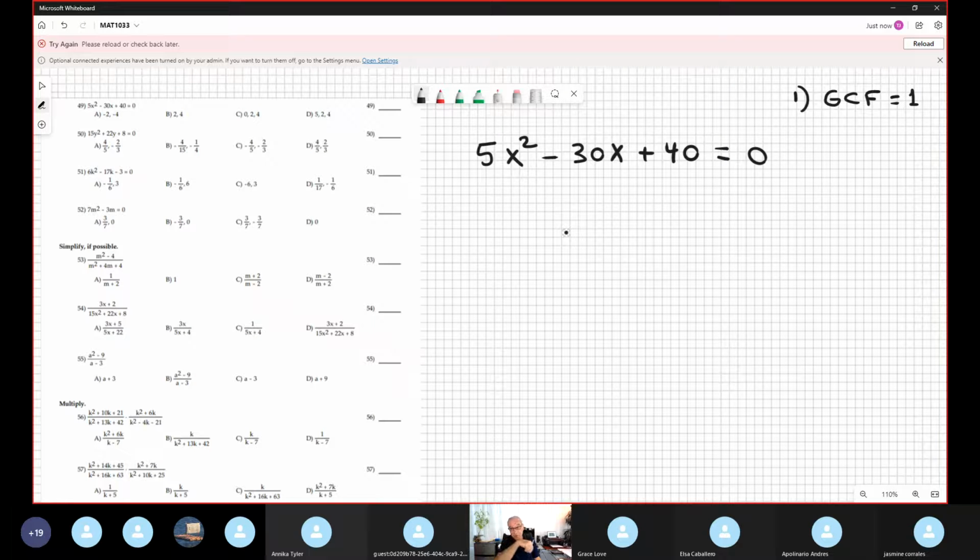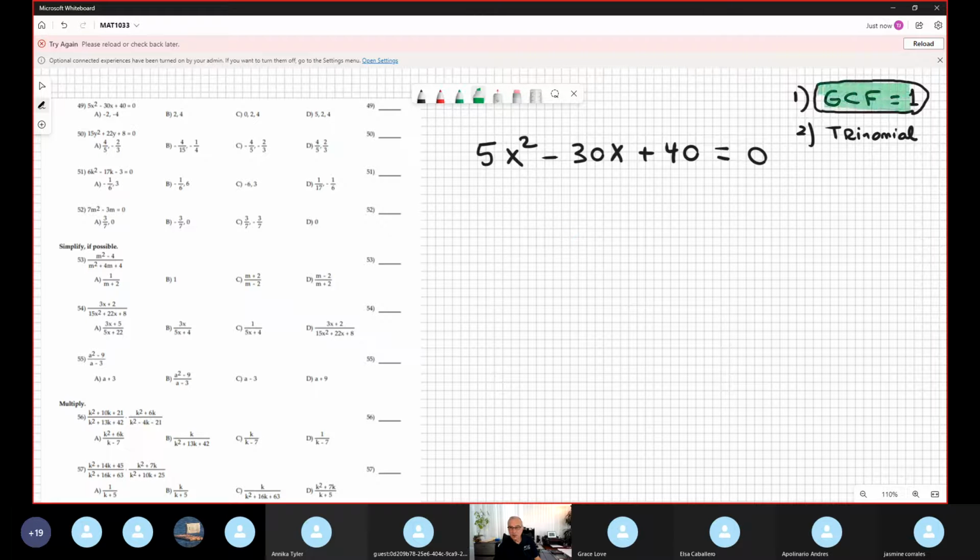Well, obviously, we continue. In this case, factorization of a trinomial. But don't forget this step. Some students, and even tutors, I see forget this step.